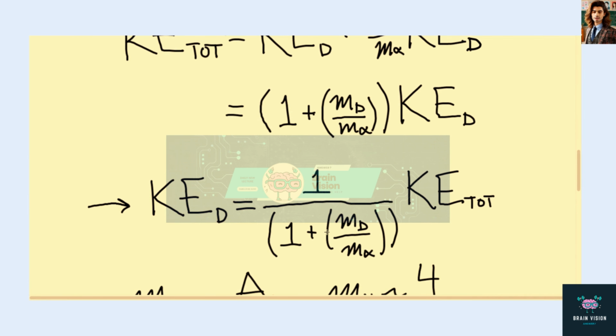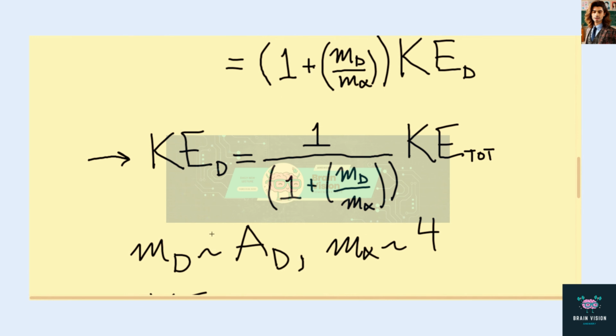And finally, we can realize that the atomic mass of the daughter particle can be well approximated by the atomic mass number of the daughter nucleus. And same goes for the atomic mass of the alpha particle.